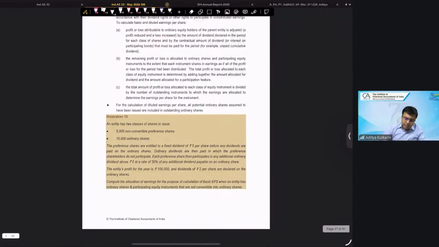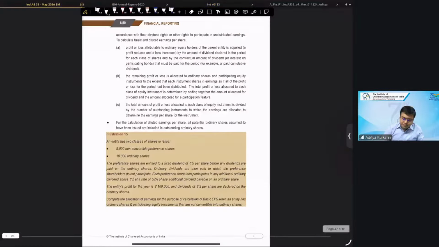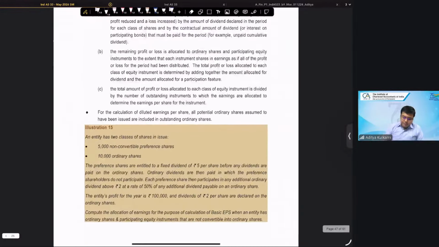Okay. So now coming to this question. An entity has two classes of shares in issue. 5,000 non-convertible preference shares, 10,000 ordinary shares.